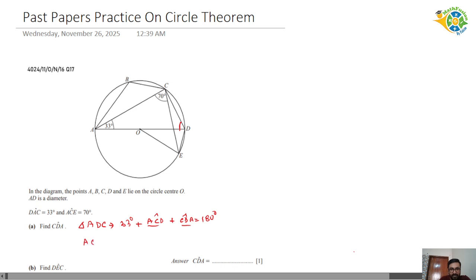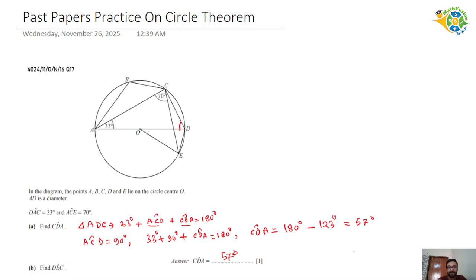So ACD equals 90 degrees as it is the angle at circumference over a semicircle. So 33 degrees plus 90 degrees plus CDA equals 180 degrees. So CDA will be 180 degrees minus 123 degrees, that becomes 57 degrees.